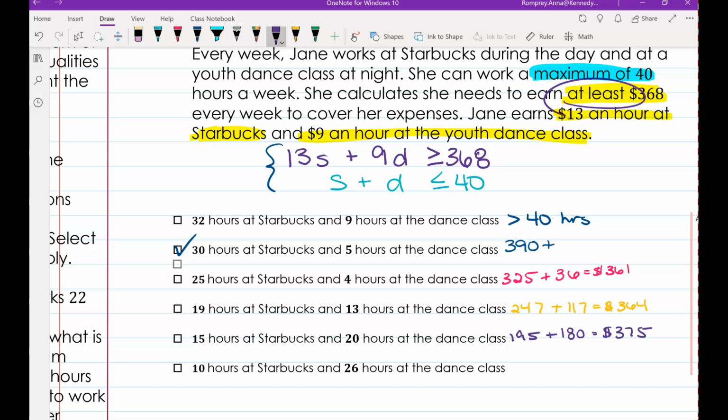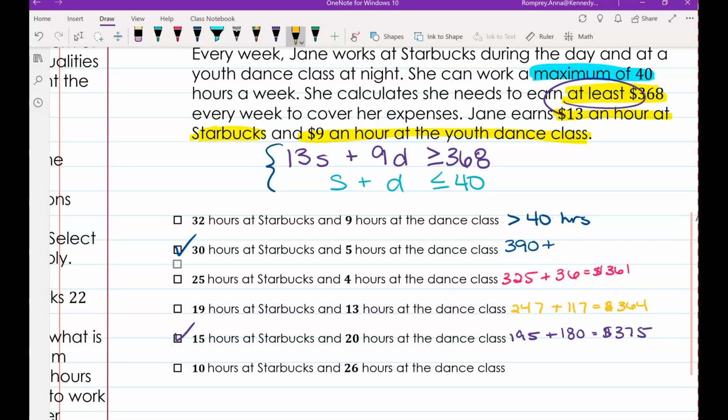All right, we did exceed the $368 that we need. Sweet.